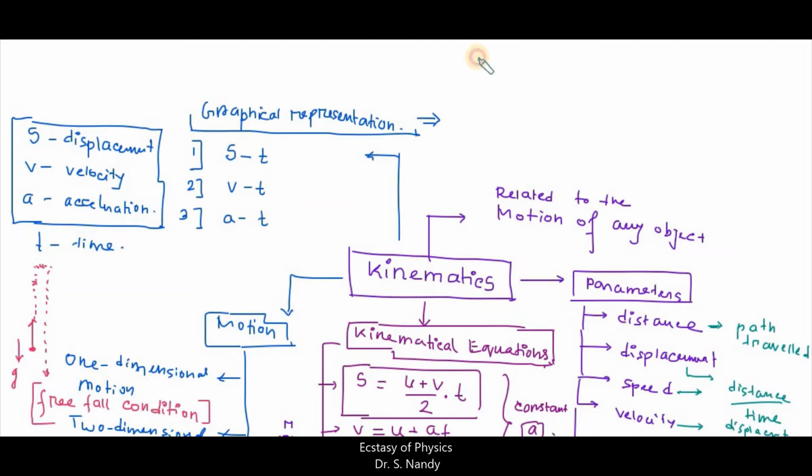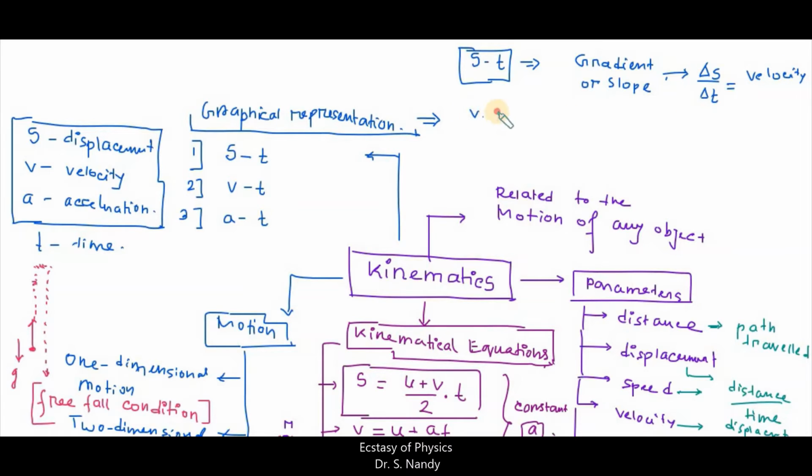From the displacement time graph, if we can determine the gradient or the slope of the graph, that is going to represent the velocity. So it's ds, or you can consider delta s upon delta t, the change in displacement by the change in time, that represents the velocity.